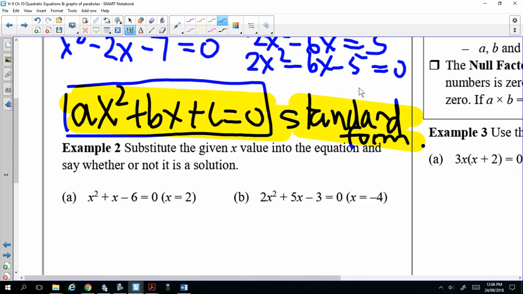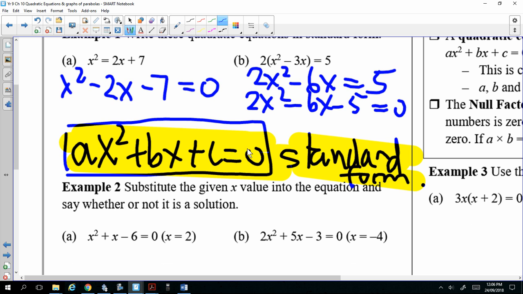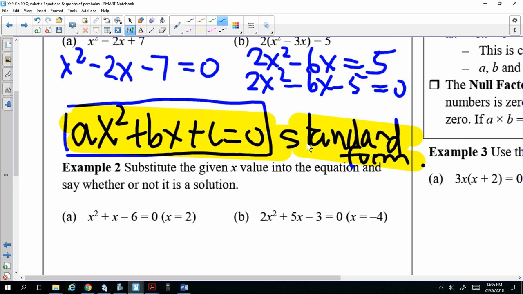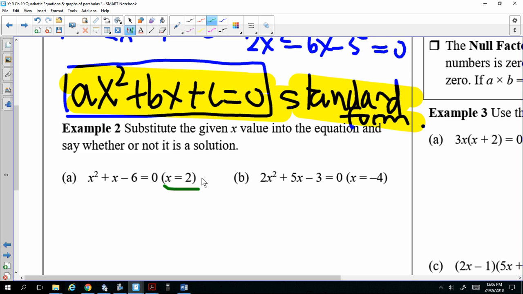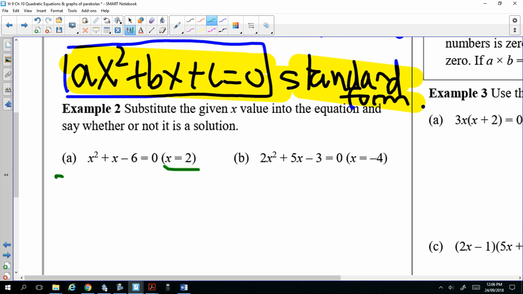Now, once you know what standard form looks like, we're now going to check whether an x value is a solution to an equation. So how do we check a solution? What do we do? Substitute. Very good. So we substitute x equal to 2. So we start from the left side, check whether it's equal to the right side. 2 squared plus 2 minus 6.